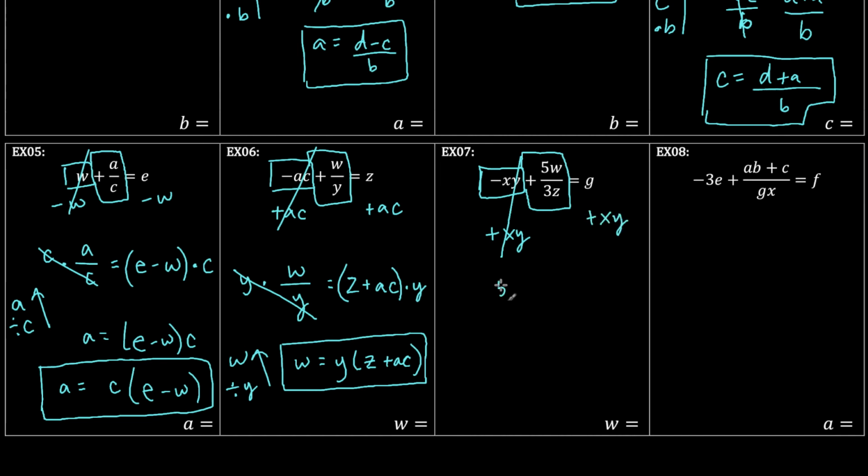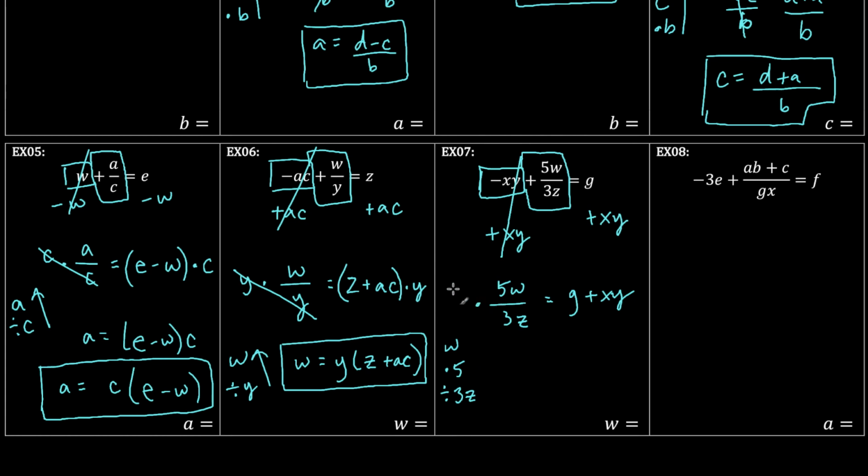And I get 5w over 3z equals g plus xy. So I had w because I'm looking for w. I multiplied it by 5, and I divided it by 3 and then by z, or divided it by 3z.